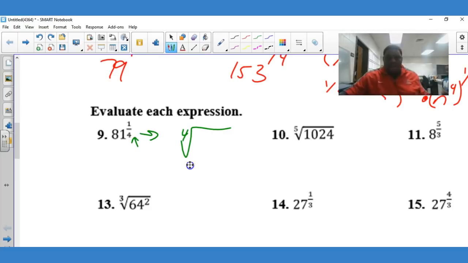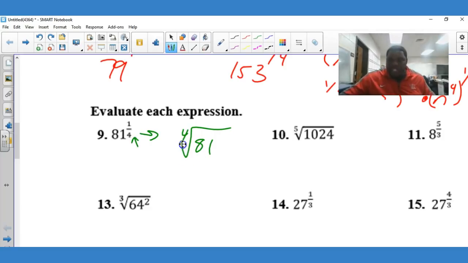All right. So right here, you have 81 to the power of 1/4. I'm going to show y'all this really simple technique that'll actually help you solve this. Let's say you don't have a calculator. You can do this in a calculator, but from a showing-your-work standpoint, take 81.